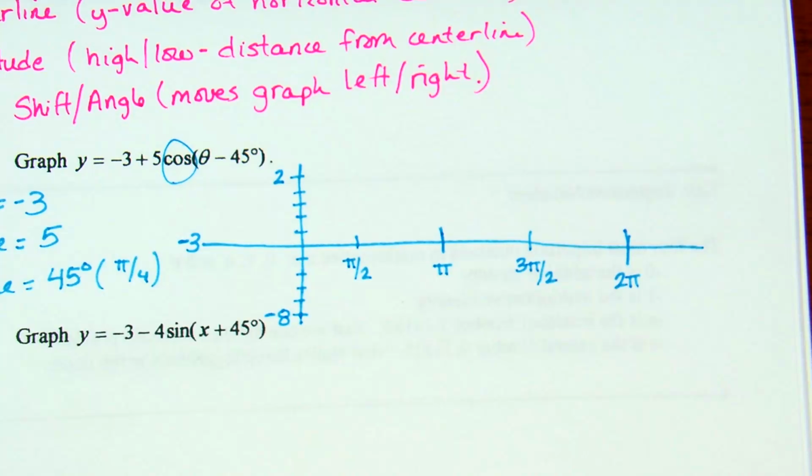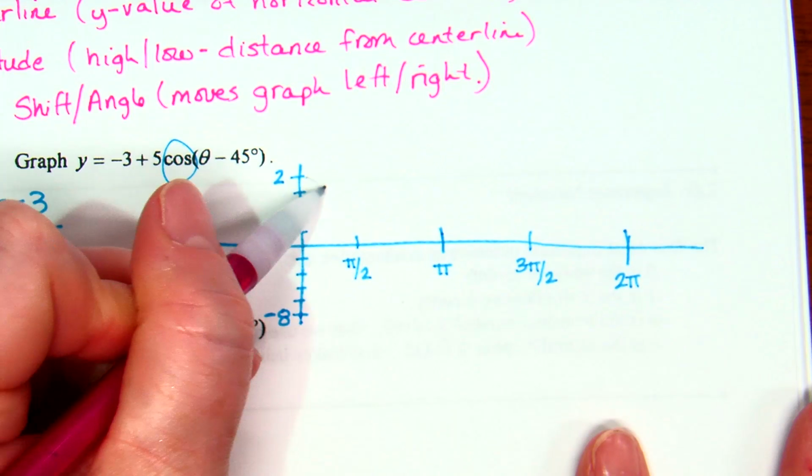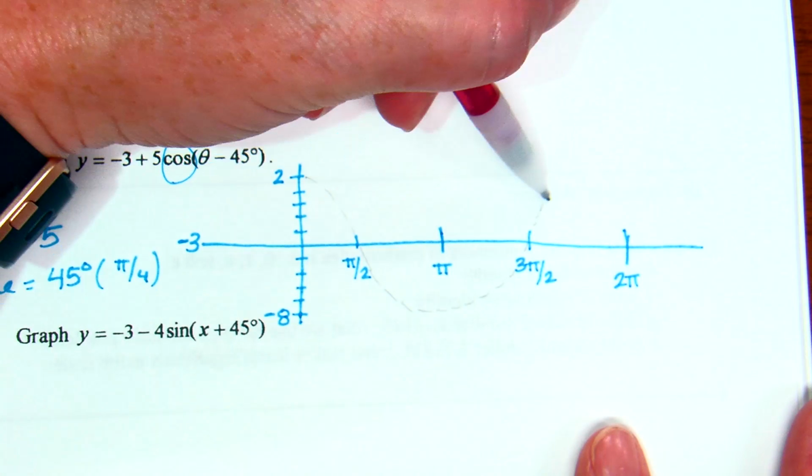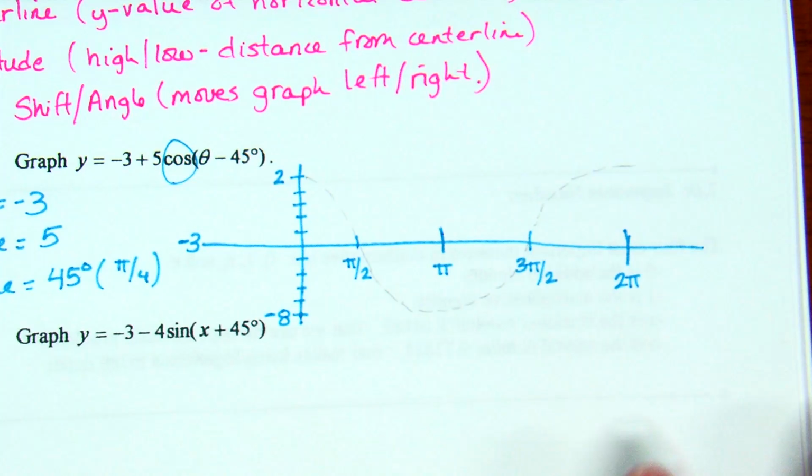Now, in a traditional graph, I'm going to grab a pencil here. Before we do the phase shift, what's a cosine curve do? Starts at the top, cuts through the first one, a minimum at the second, cuts through the third, and a max at the final.